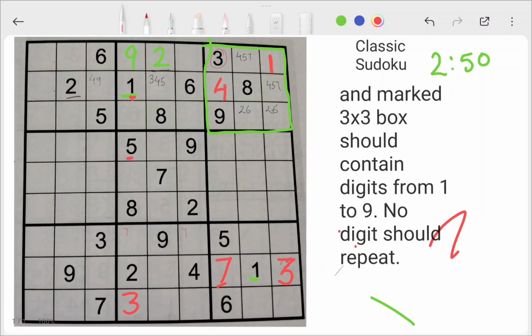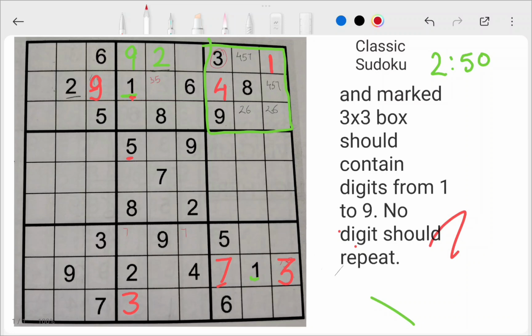And if this is 4, we can eliminate 4 from this cell. This must be 9. And we can also eliminate 4 from this cell. So this is either 3 or 5.